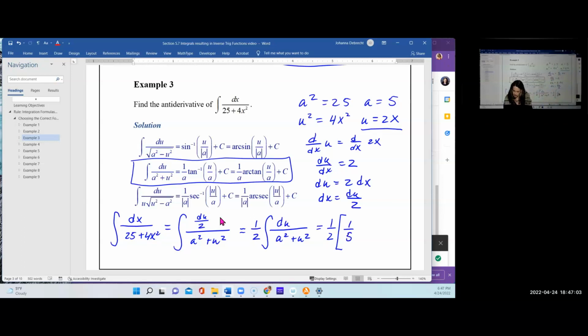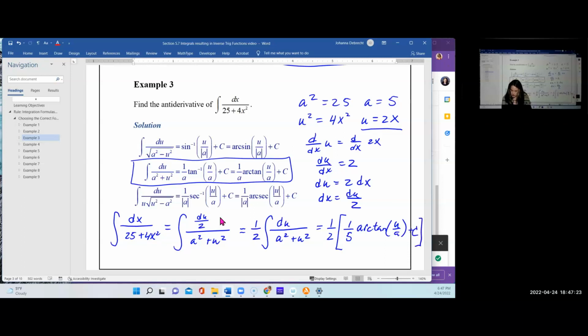Then I have the integral of a squared plus u squared in the denominator becoming 1 over a arctangent of u over a, plus a constant.